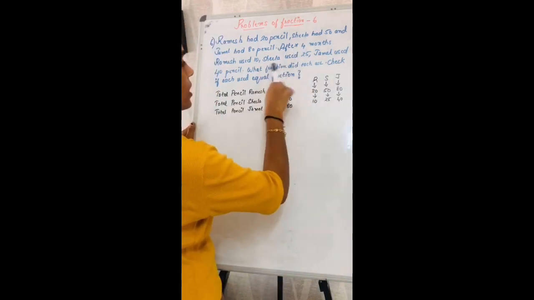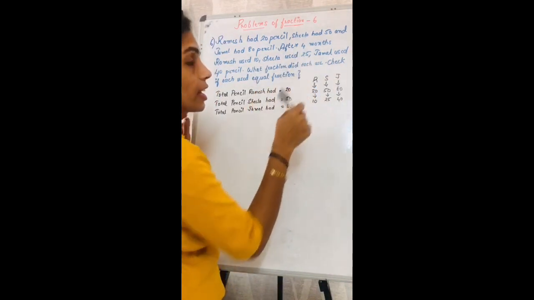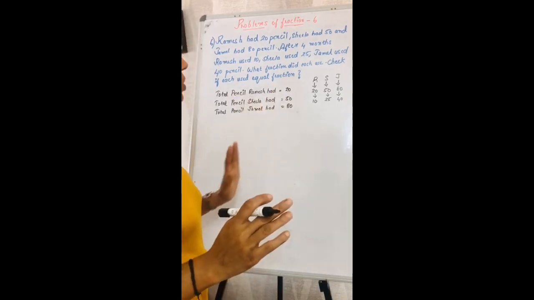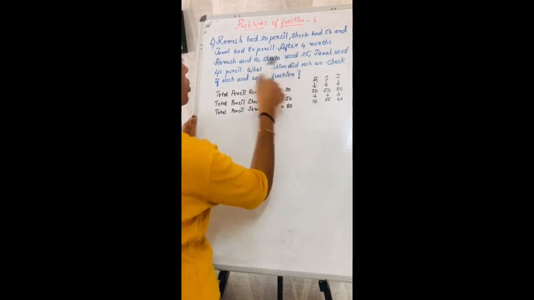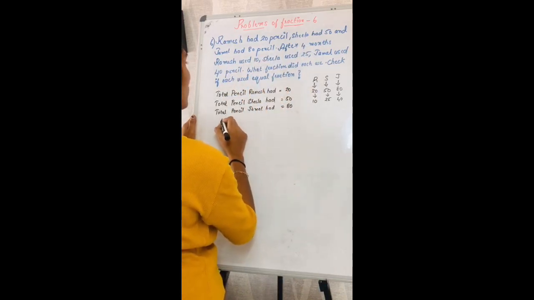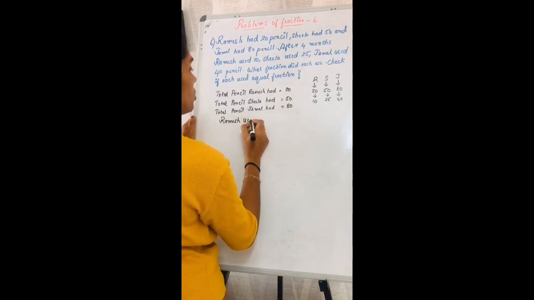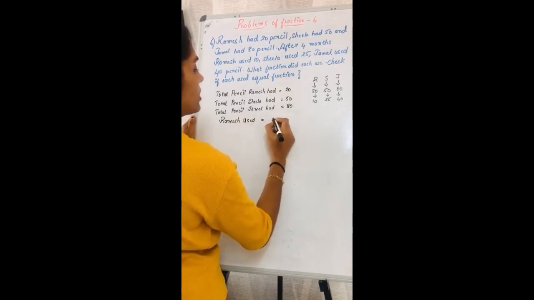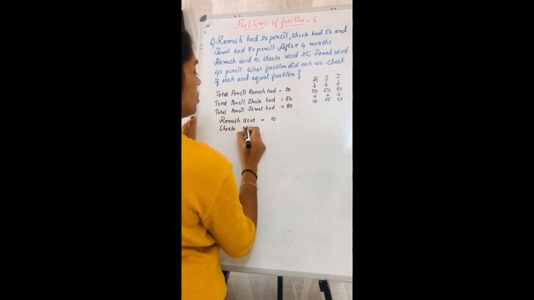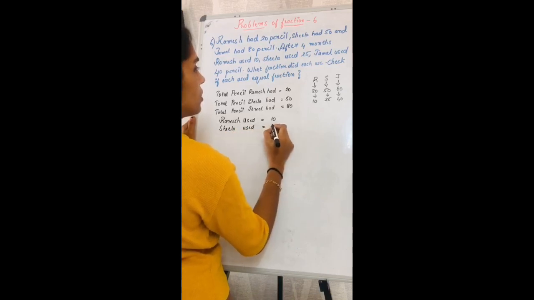Okay. Now what is being asked in the question? What fraction did each use? So we have to find the fraction each used, right? For that, we have to mention the used also. Ramesh used was what? That is 10, right? And then Sheila used is 25.